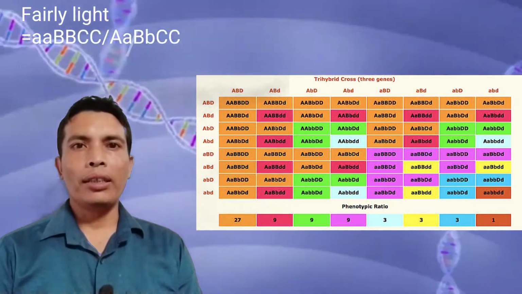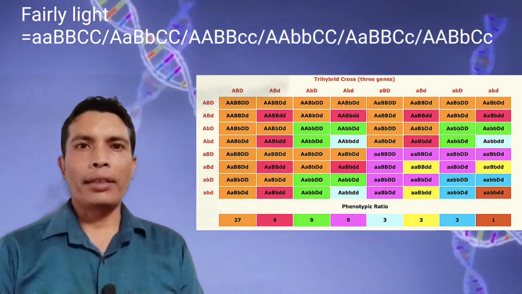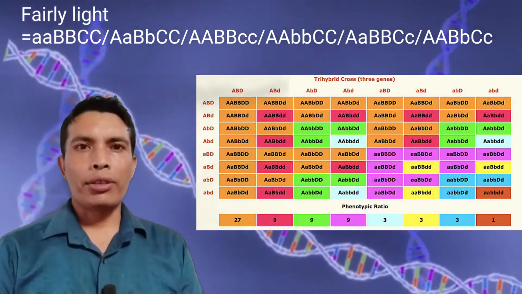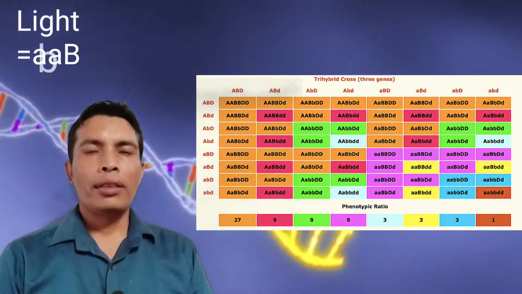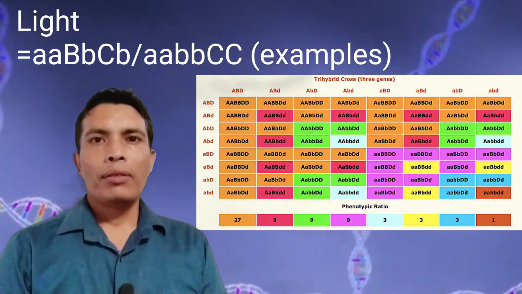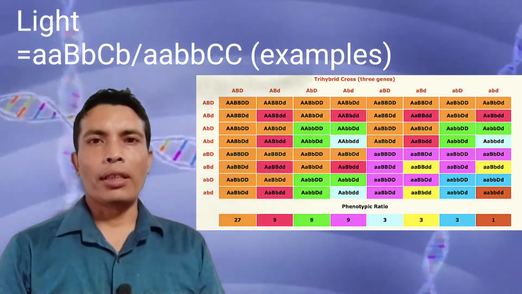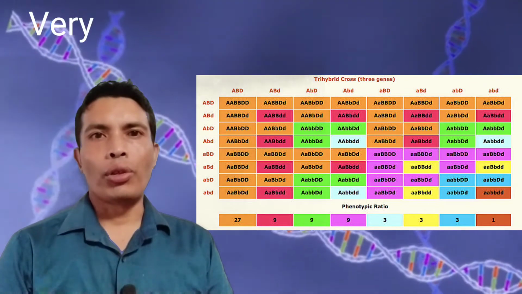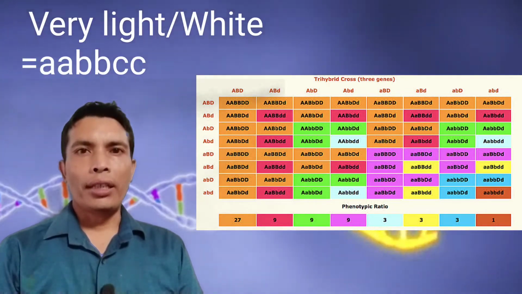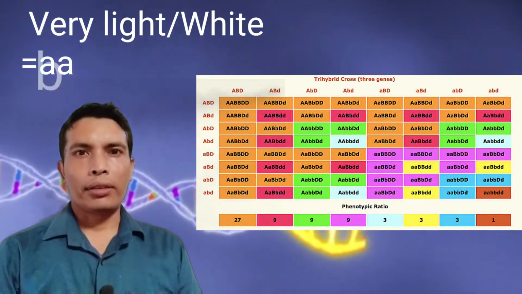Next is fairly light. In fairly light, 2 small letters will be present in the genotype. Next is light. In this trait, 4 small letters will be present in the genotype. The last one is very light or white. All the 6 alleles will be small letters.